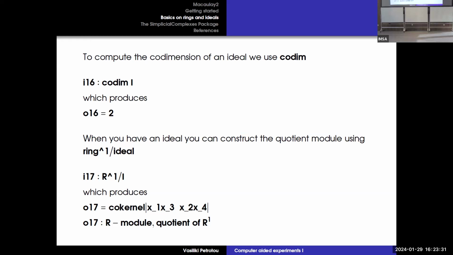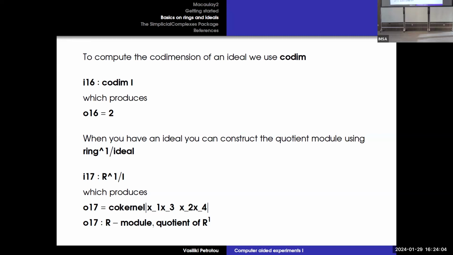And if we want to work with modules, so we have an ideal and we want to construct the quotient module, we can use this command, which is the name of the ring, ^1, so that Macaulay2 understands that we are talking about modules, not just rings or ideals.